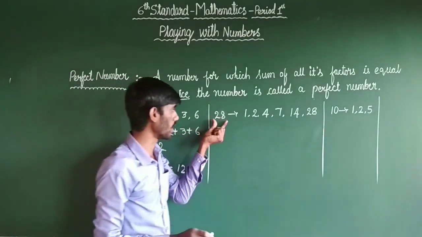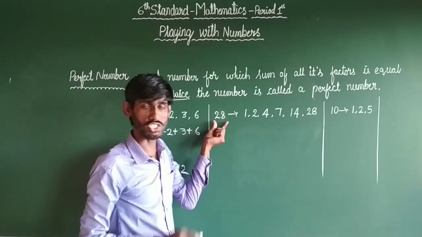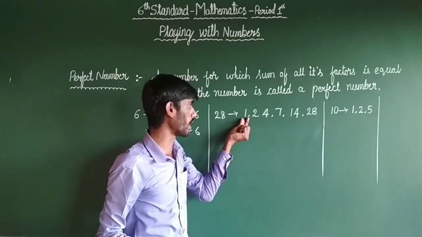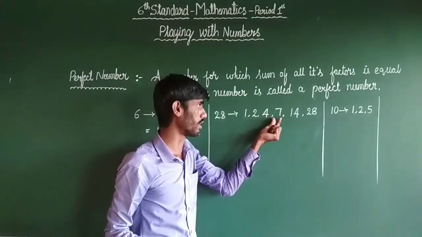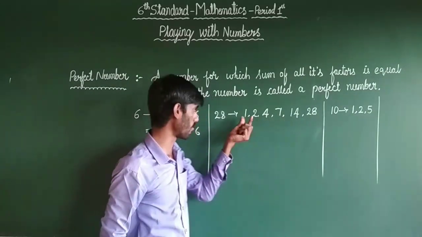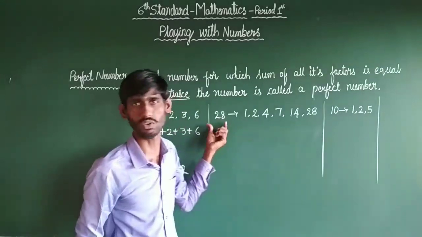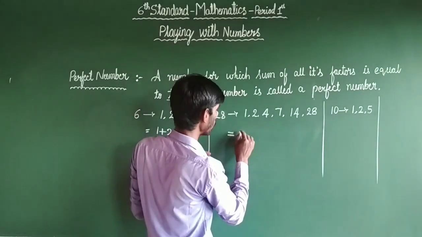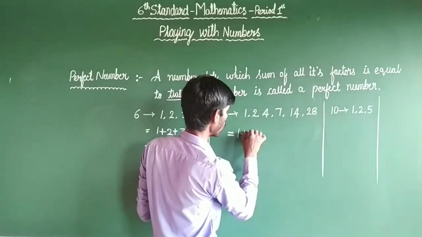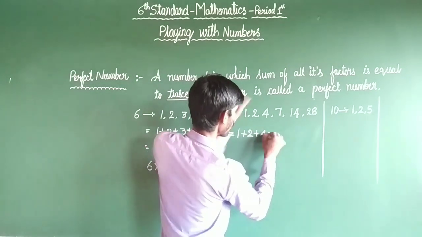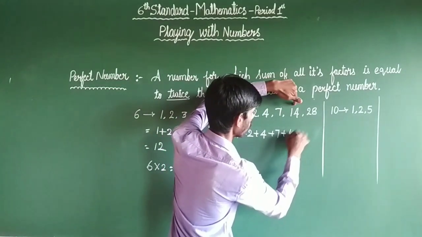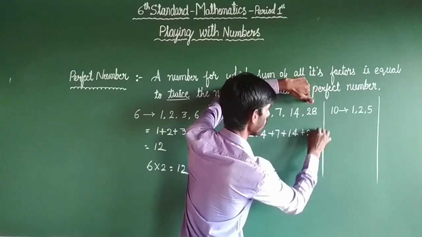Observe another example. 28. In which tables does 28 come? 1 table, 2 table, 4 table, 7 table. These are all the factors. 1, 2, 4, 7, 14, 28 are the factors of 28. Let us add these factors: 1 plus 2 plus 4 plus 7 plus 14 plus 28.